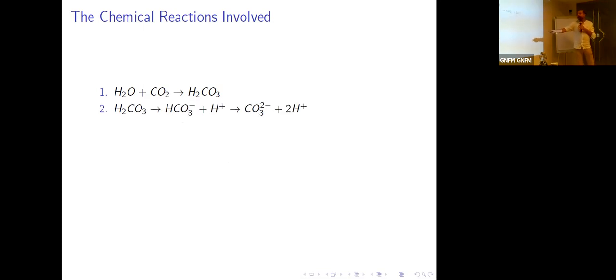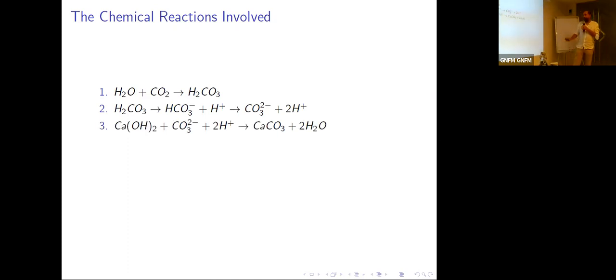The second reaction is that the carbonic acid releases two subsequent dissociations, forming a molecule of carbonate plus two ions of hydrogen.